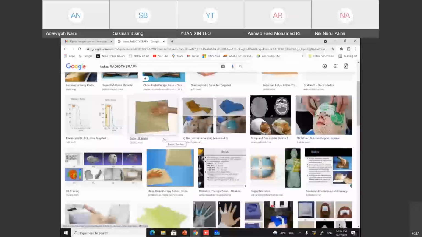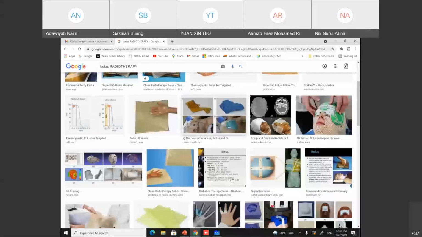And the other types, now very popular, they all have 3D printed bolus, but it's quite costly, so we don't invest in this type of device because we don't use the bolus very frequently. Sometimes we also use dental wax, a type of material in dental clinics.